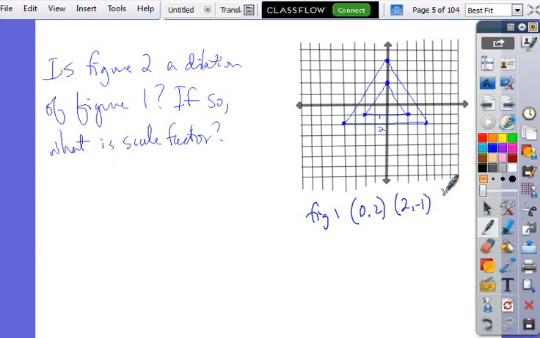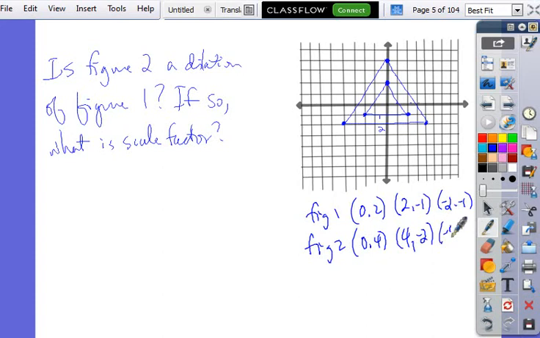Then figure 2, I've got to do the same order. I went here, here, and there. So I've got to go top, 0, 4, 1, 2, 3, 4, 1, 2, there. And then the last one over here would be -4, -2.